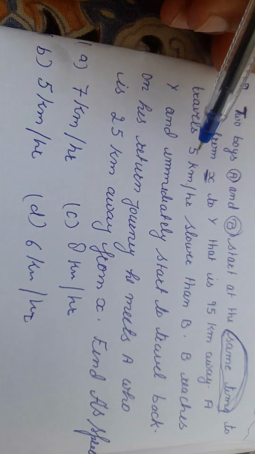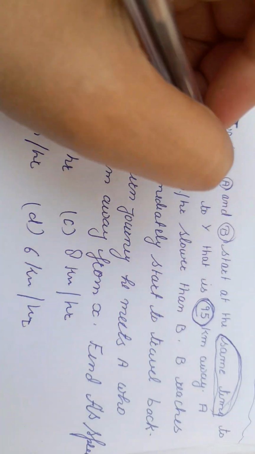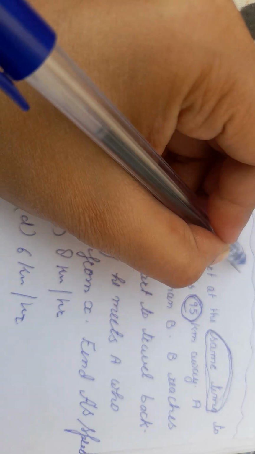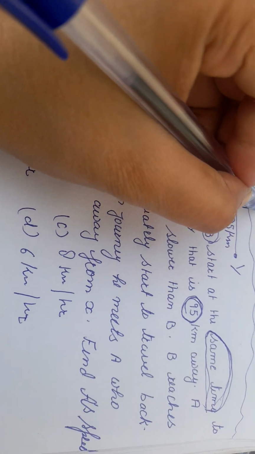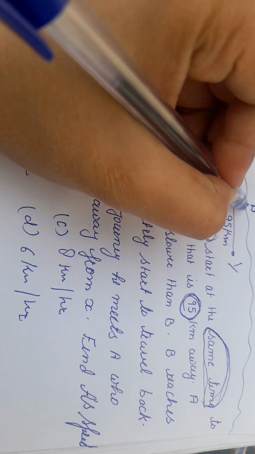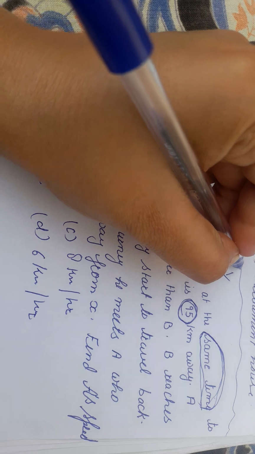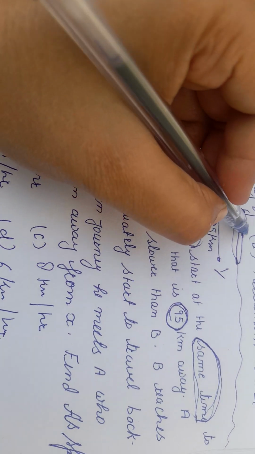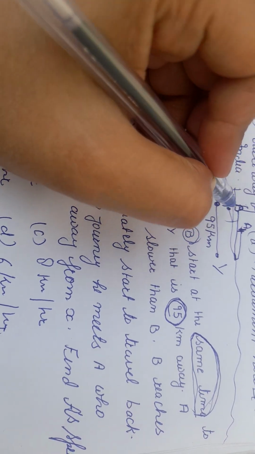That is the same time. Next, this 95 kilometer is the distance between the positions X and Y. A and B start at the same time from this position, and B reaches Y. When B reaches this position, it immediately returns back, and when it returns back, it meets A. But now how many kilometer away is A?